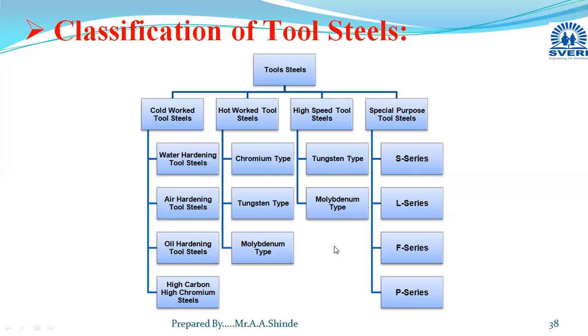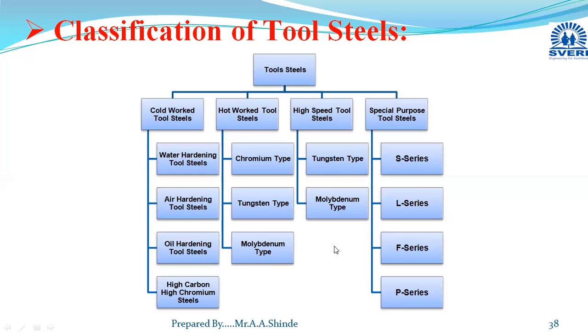Operations or processes which we perform below the recrystallization temperature of a particular metal or alloy are termed cold working operations, and tools used for performing them are made with the help of these cold work tool steels.